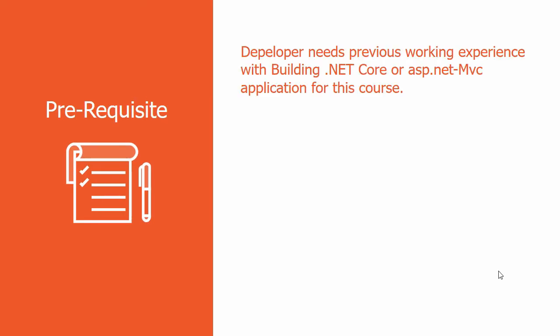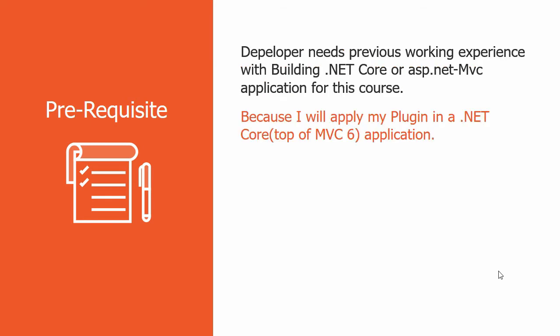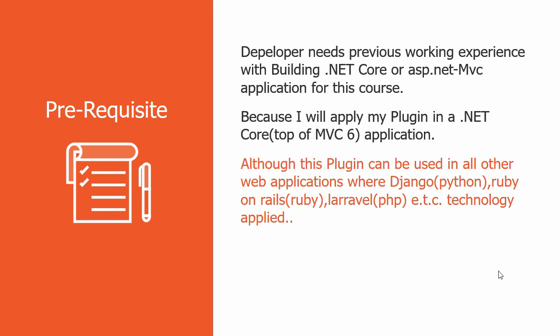Developers need previous working experience with building .NET Core or ASP.NET MVC applications for this course because I will apply my plugin in a .NET Core project. Although this plugin can be used in all other web applications where Django, Ruby on Rails, Laravel technology is applied.